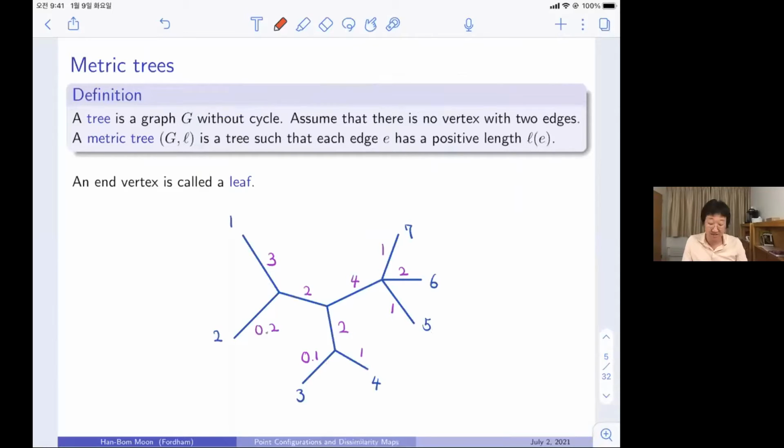So L is really the length function. We are going to call an end vertex, like here, a leaf. There are 7 end vertices in this example, and we are going to call them leaves.